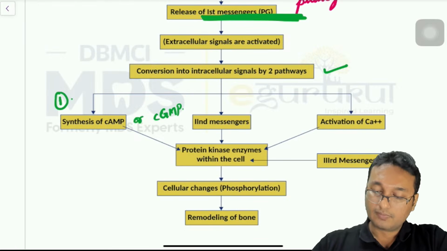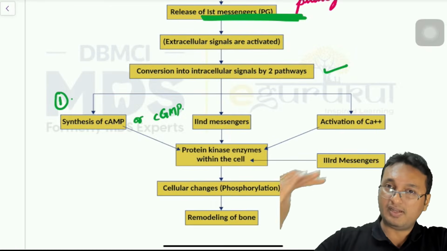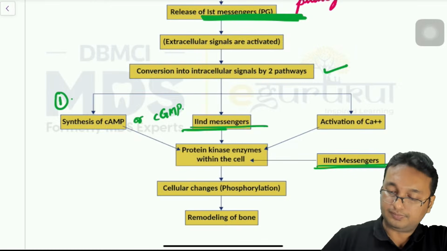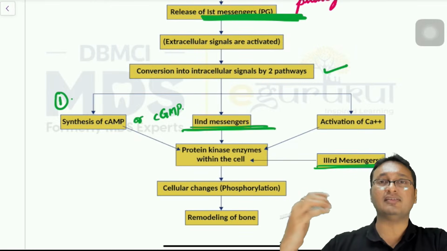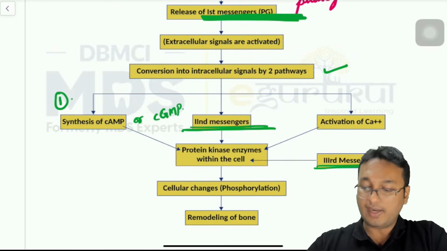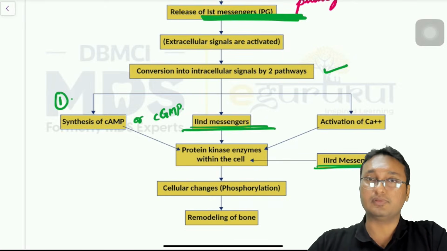What happens then? They further activate the protein kinase enzyme within the cell, which are called tertiary messengers. And that gets inside the nuclear membrane to cause phosphorylation changes within the chromatin network of the chromosomes.